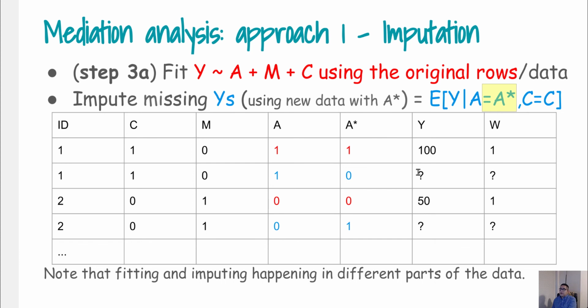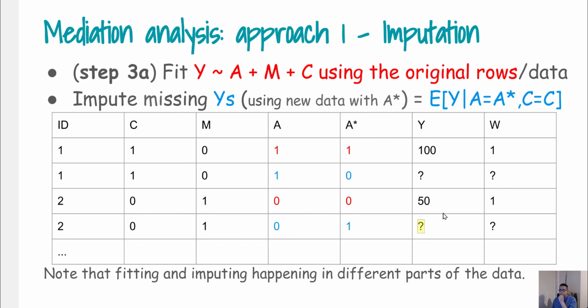The model was selected by the original data, but when we are predicting from this model, we're essentially using A star instead of the original A value. In our original model we had A. When we're predicting, we're changing that to A star value. And then this will give us a reasonable estimate of these Y values, right?